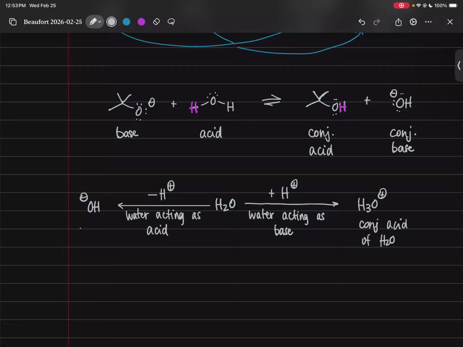And then the OH minus is going to be the conjugate base of water. You can replace the water with any molecule. You could use ammonia, you could use acetic acid, you could use anything you like. And this will always be true. If you add a proton, the substance is acting as a base and you form the conjugate acid. If you subtract a proton, the molecule is acting as an acid and you end up with the conjugate base.